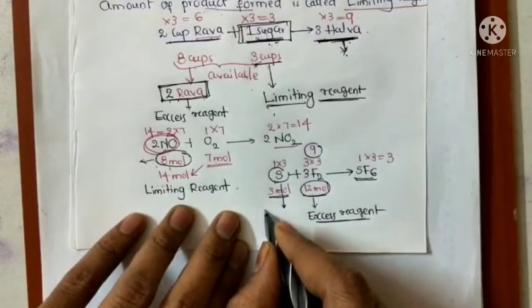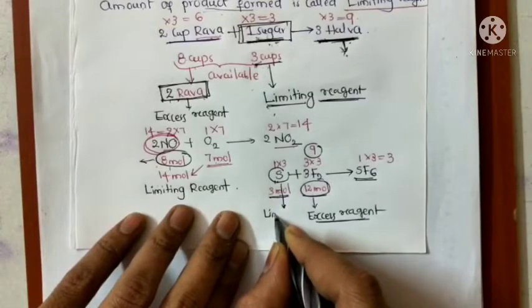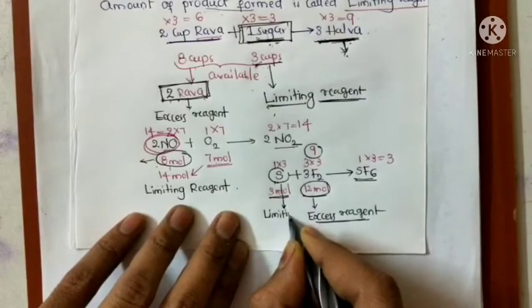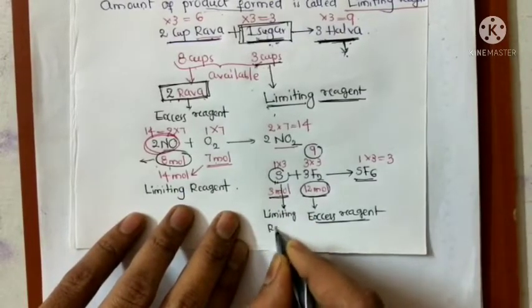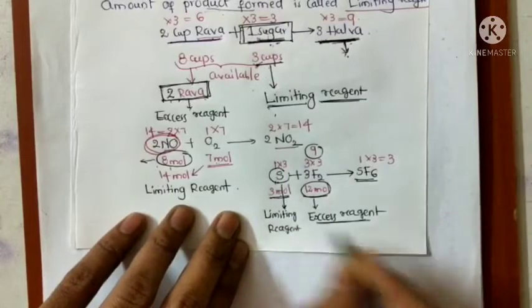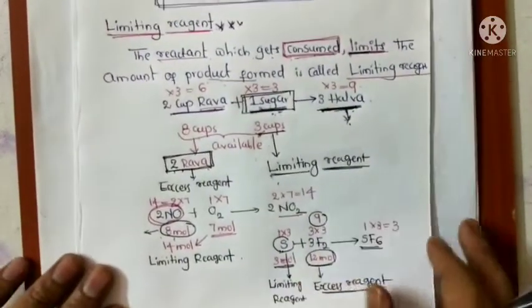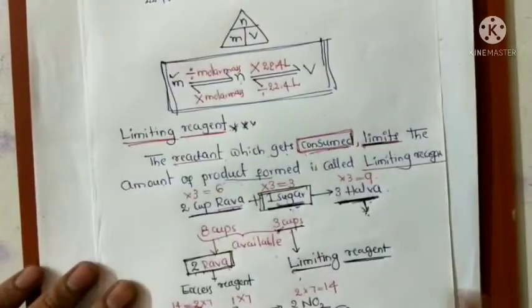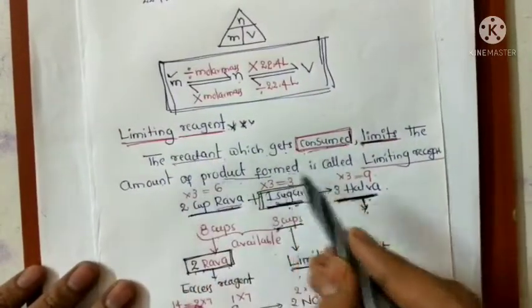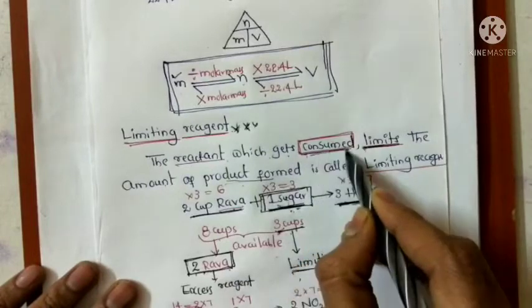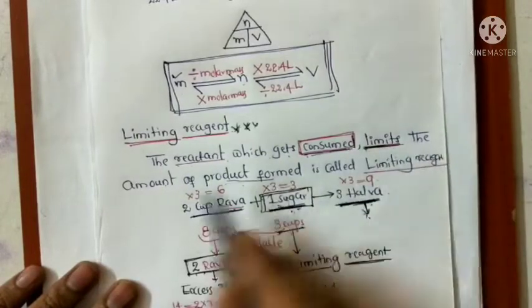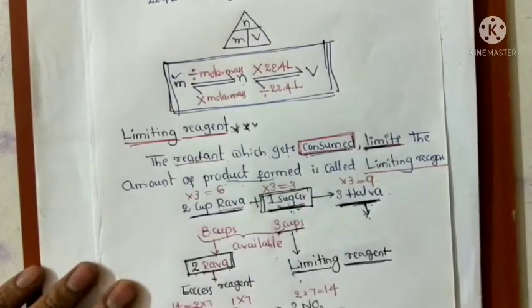So this is called the limiting reagent. I hope you understood from these 3 examples. Once again, the limiting reagent is completely consumed and it limits the amount of product formed.